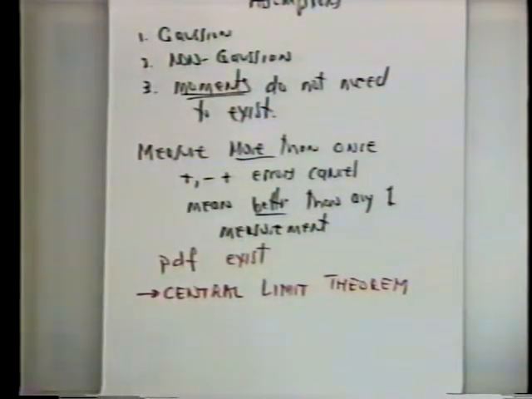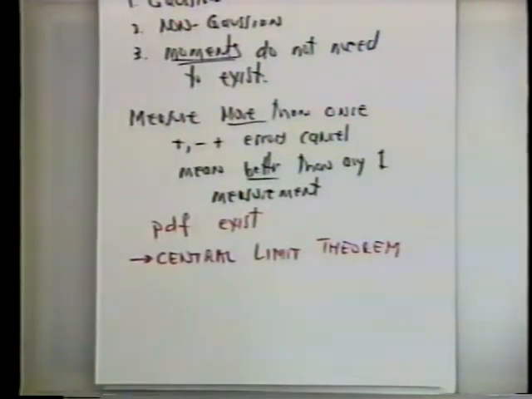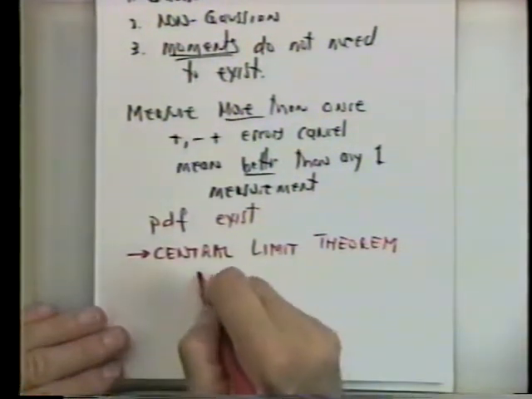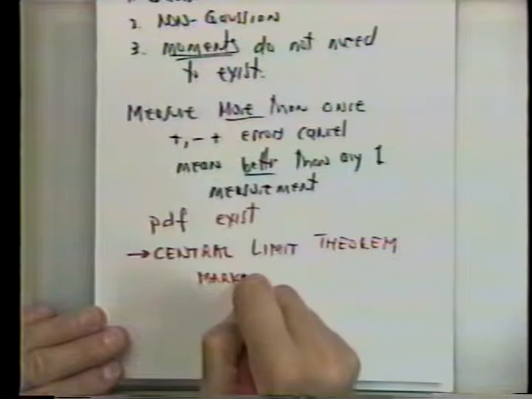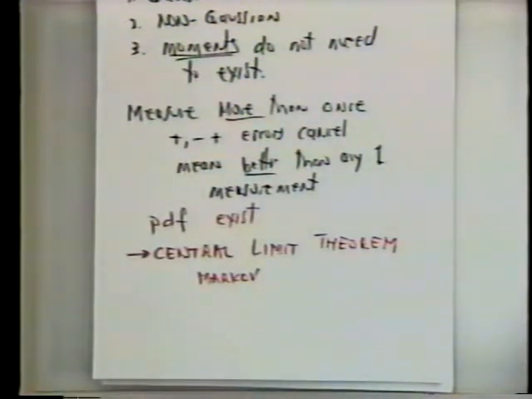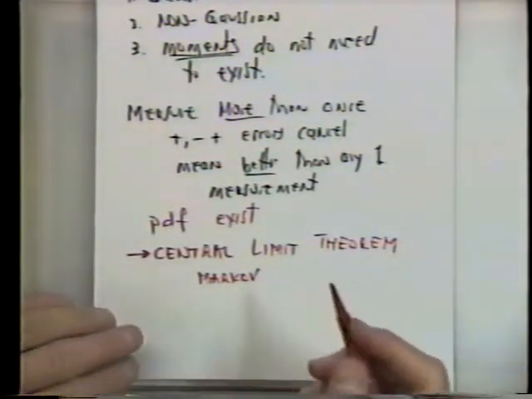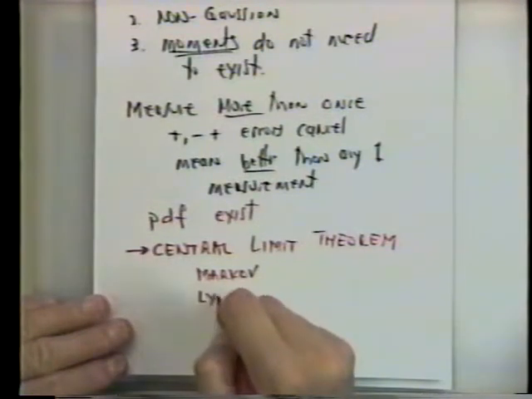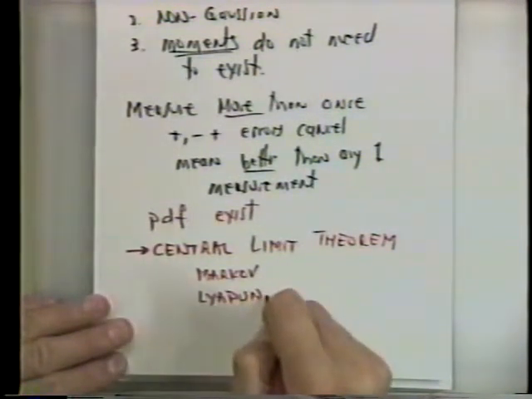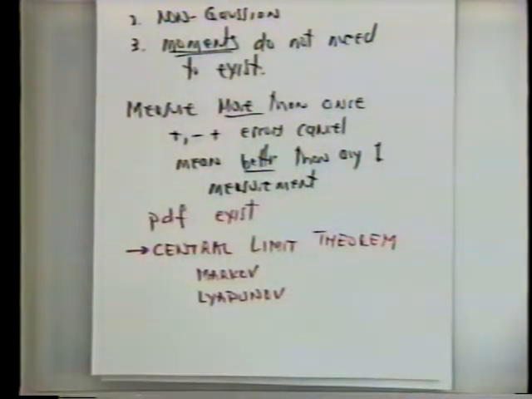Actually, one of the first proofs of the central limit theorem was by a guy whose name I use very often, which was Markov. The proof was extended and more generalized by another guy whose name you may have heard of, who has different spellings, but Liebovitch. Liebovitch added the use of what are called characteristic functions, which I haven't discussed in the course, in order to extend the proof and generalize it for the central limit theorem.